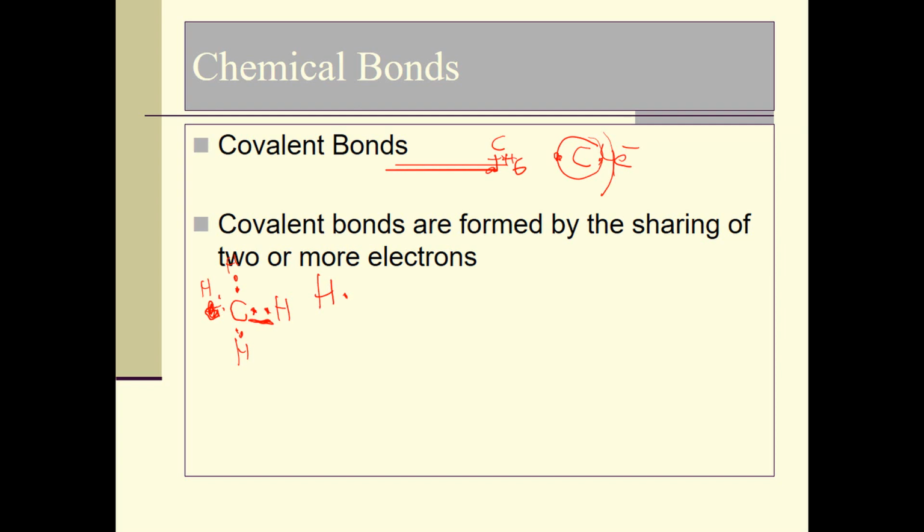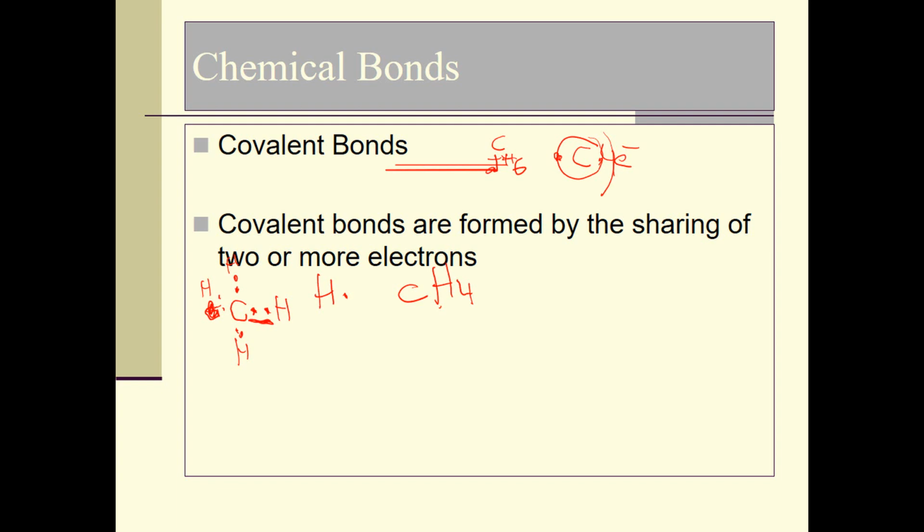In this case, hydrogen is now happy because hydrogen filled its valence shell. Carbon isn't happy yet, but it has to do that same exact thing 3 other times. So now carbon will have, in essence, 1, 2, 3, 4, 5, 6, 7, 8 valence electrons. So that's why we have methane, CH4.